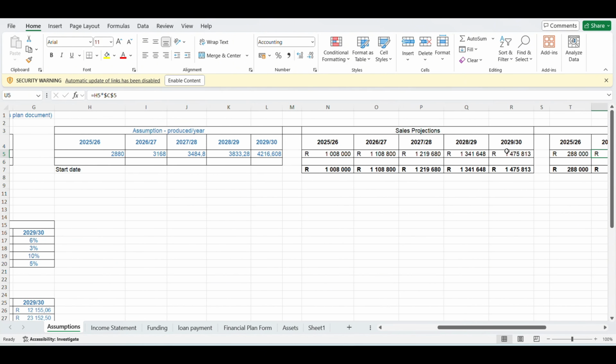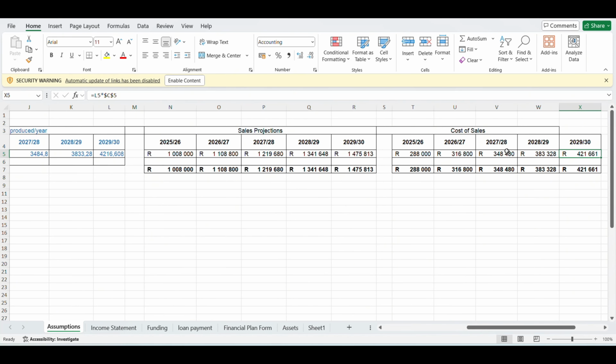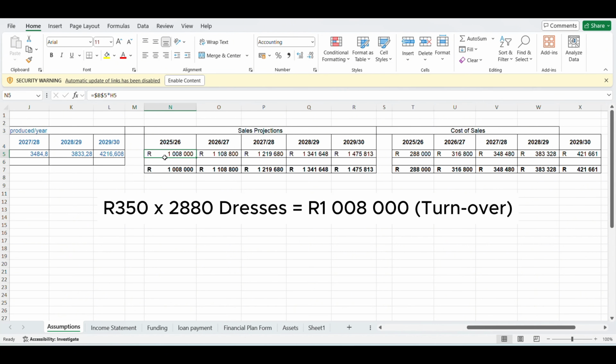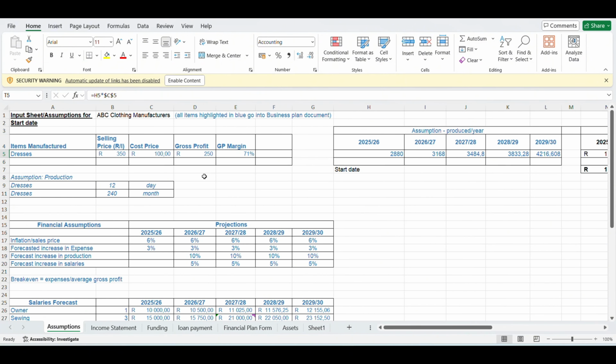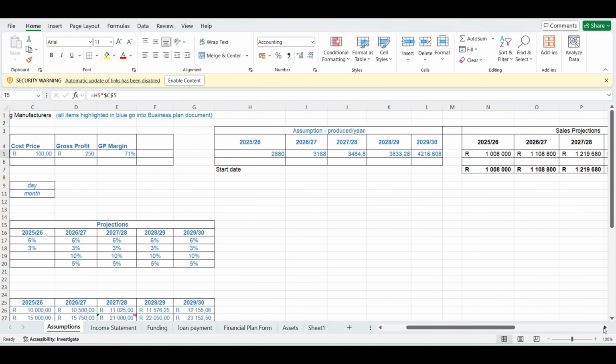Then now we look at sales and cost of sales. So the turnover for the first year will then be the number of dresses that are made times the selling price. And similarly, the cost of sales would be the number of dresses made times the cost price.